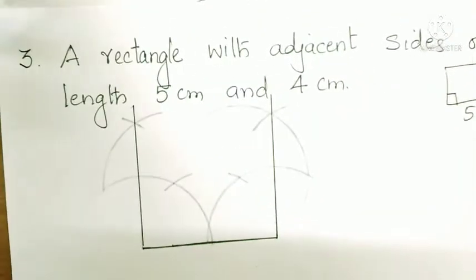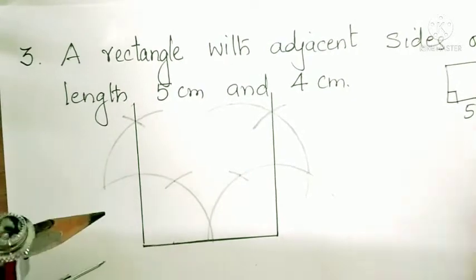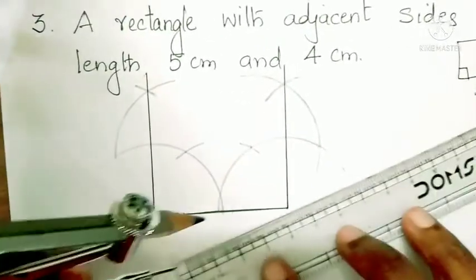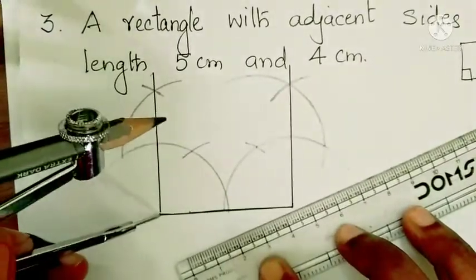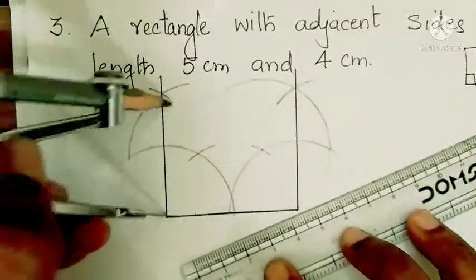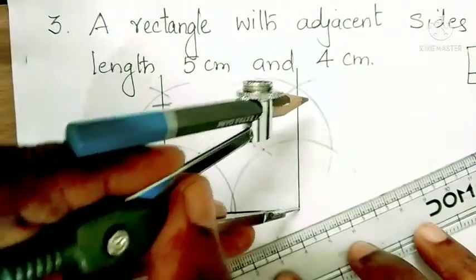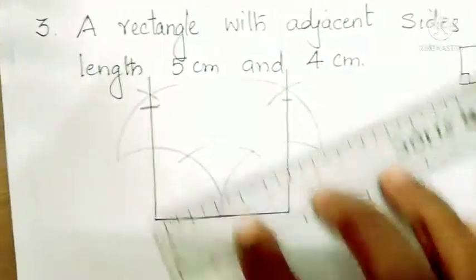And then it is a rectangle with 4 centimeter breadth. So take 4 centimeter from both the sides, here also and from here, join them.